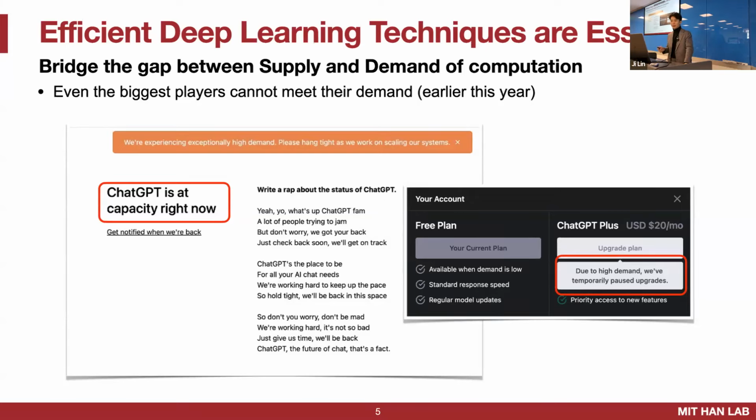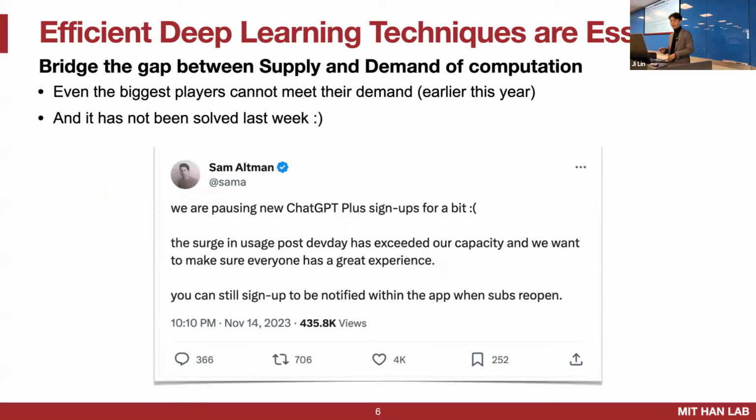A lot of people were trying to upgrade to ChatGPT Plus so that they could use the model, but their servers failed to scale up and accommodate more users. Things got a little bit better later, but actually until last week, it had not been solved. And with the launch of the new GPT features, they again had to stop the subscription or upgrade service because of the hardware shortage.